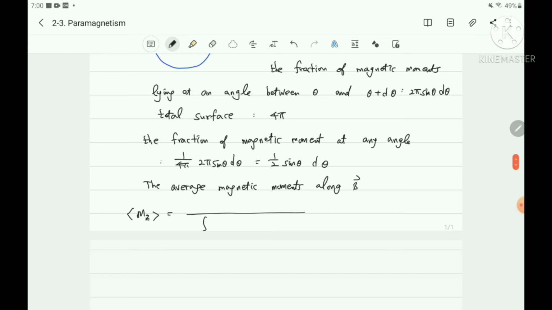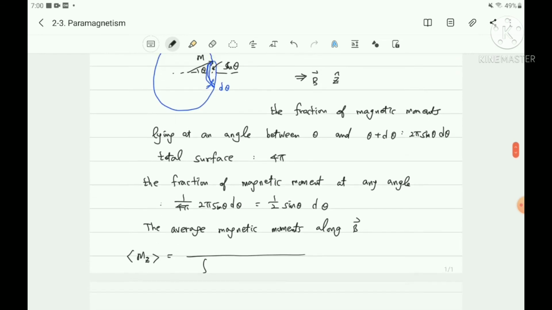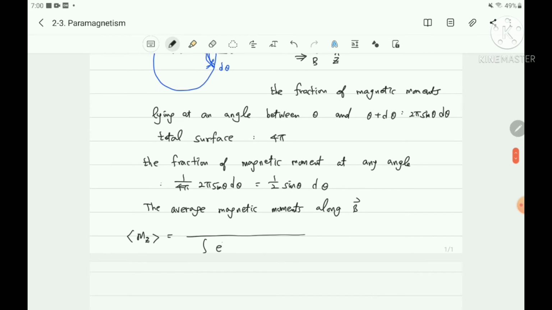Here the Boltzmann factor should be considered: exponential of minus beta epsilon is the Boltzmann factor, and the fraction of magnetic moments at any angle is one half sine theta d theta, with theta ranging from 0 to pi.